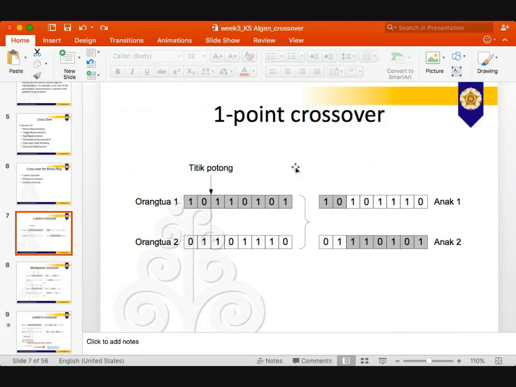If 8, it means everything will be copied into the offspring chromosome. So the first step is to define or choose the 1-point crossover.